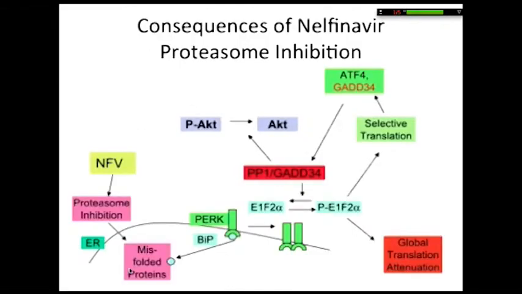So just as a model, if we look at some data from what's been done in epithelial cells of cancer origin, if the Nelfinavir causes proteasome inhibition, then that leads to misfolded proteins, which could cause a phosphorylation eventually of this eukaryotic factor for translation, which globally will decrease translation of proteins, which possibly could be a good thing, but not entirely.